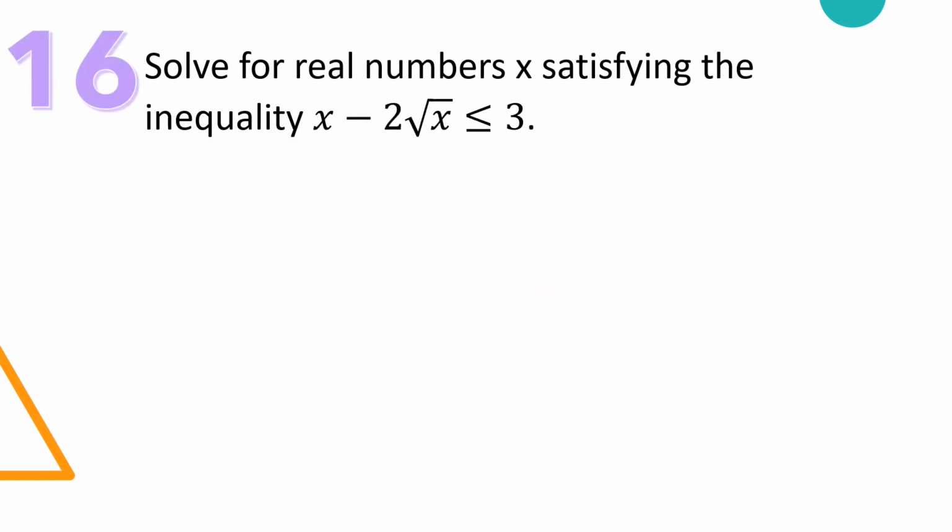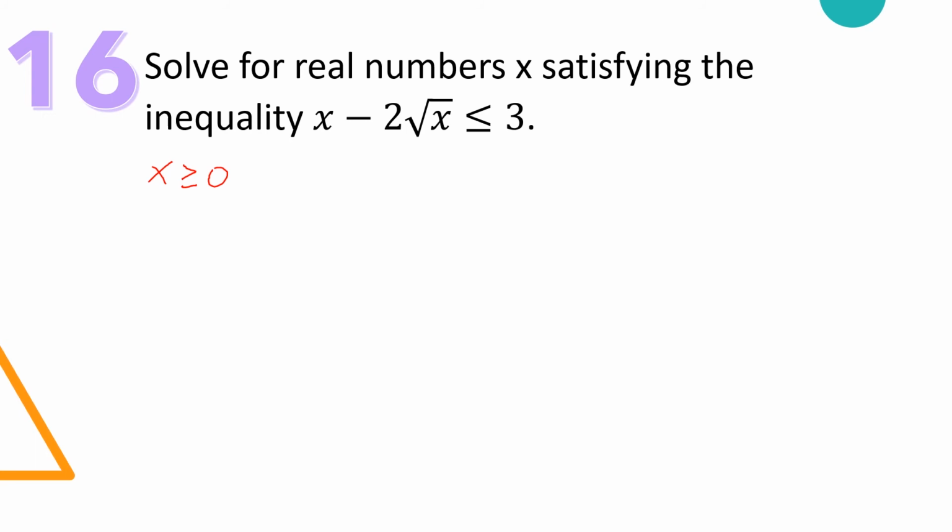Number 16. Solve for real numbers x satisfying the inequality x minus 2 square root of x is less than or equal to 3. From the second term in the inequality, 2 square root of x, we know that x is greater than or equal to 0.